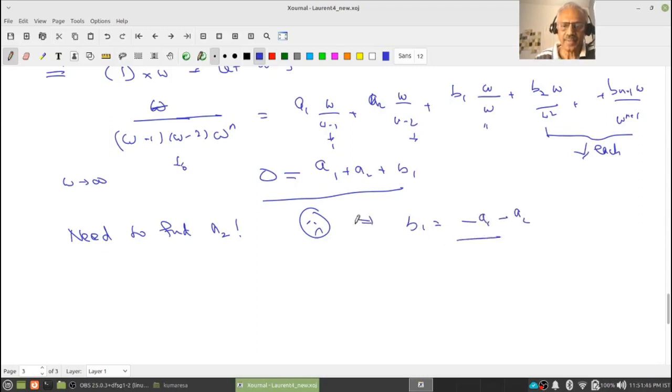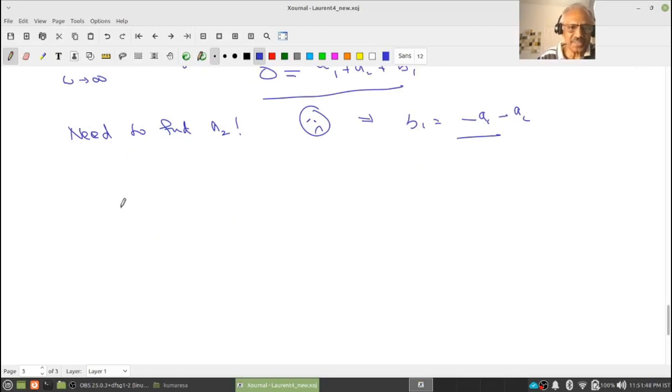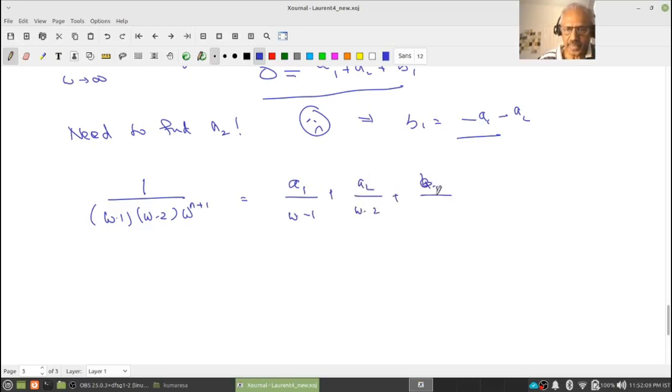Okay, right. So what is a2? But a2 is easy. So again, let's look at what is the function. That is 1 by (w minus 1)(w minus 2) into w power n plus 1, which is equal to a1 by w minus 1 plus a2 by w minus 2 plus b1 by w, etc. So multiply this by w minus 2.